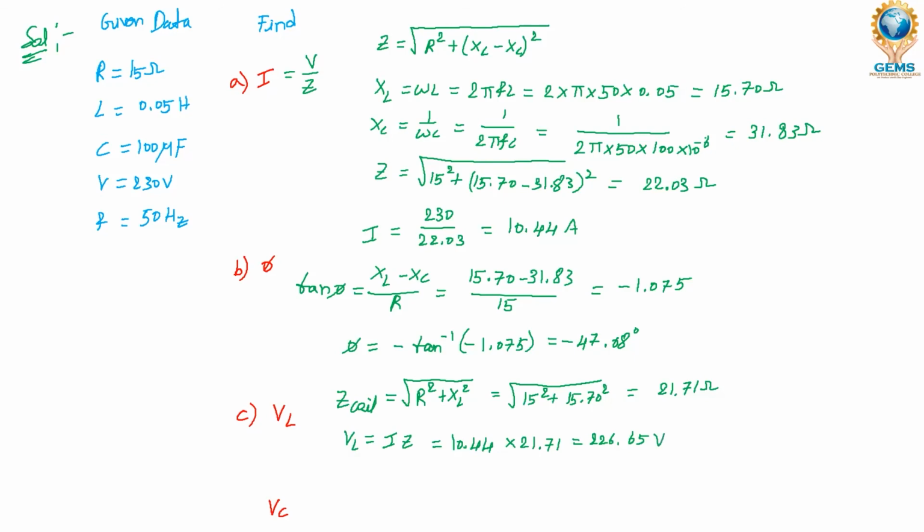And for calculating VC equals I into XC, that is 10.44 current multiplied by XC 31.83. We will get 332.31 volt.